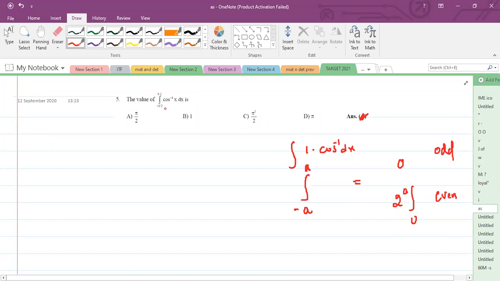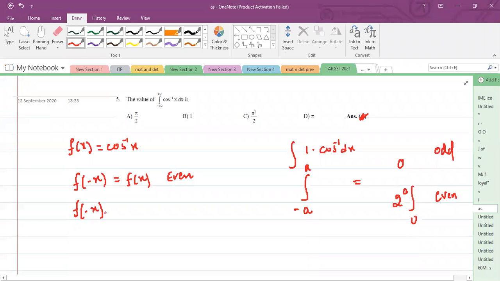Now, is cos inverse an even or odd function? How to check whether a function is even or odd? Let f of x equal cos inverse of x. If f of minus x equals f of x, then it is even. If f of minus x equals minus f of x, then it is odd.